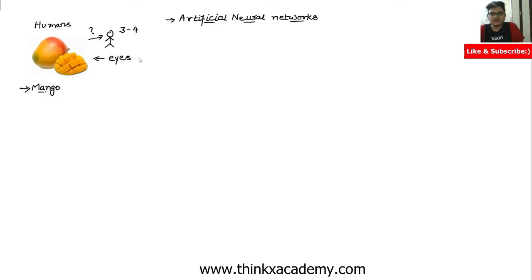Now, after some weeks, let's say after 3 to 4 weeks, let's say we take this child to some shopping mall or a market, and in the market he again sees this object, a mango, and he tries to remember what this object is, but he does not remember because he has only seen it for the first time.